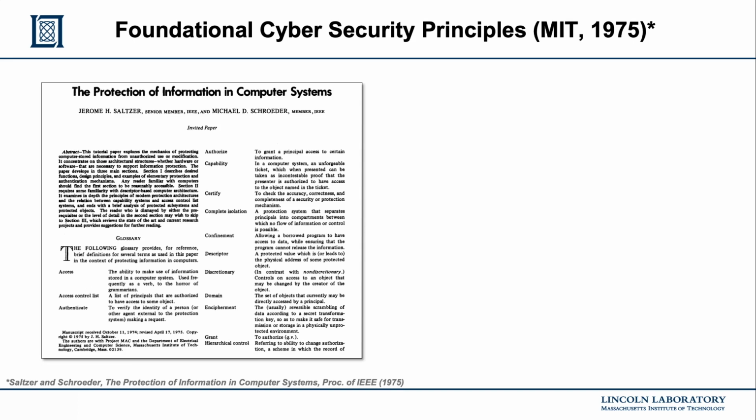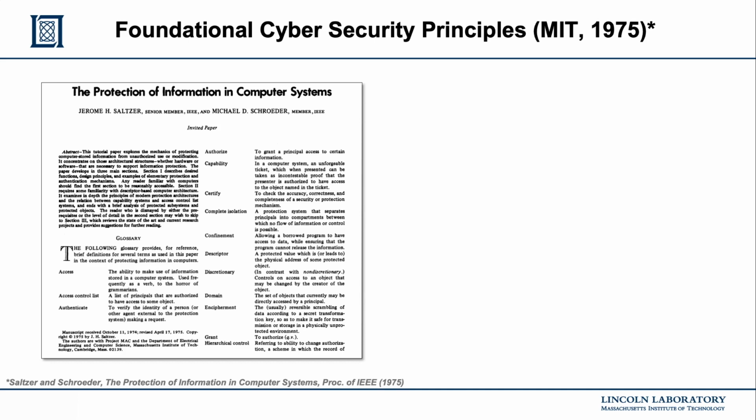So not long after these computing systems were starting to be in wide use, in the mid-70s, Saltzer and Schroeder produced a seminal paper that really laid out the foundational security principles that one would want to pursue in designing systems to be more secure. This paper described the 3 types of security violations.